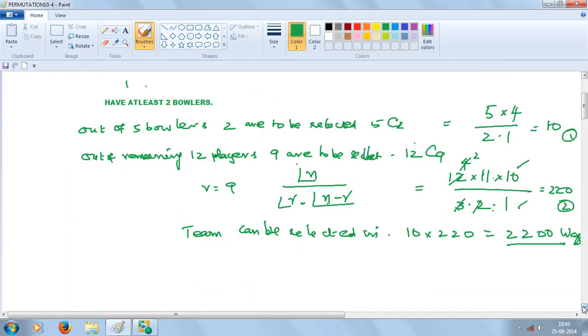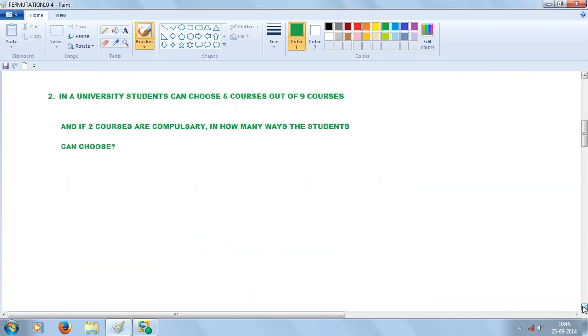So we'll move to the next problem. In a university, students can choose 6 courses out of 9 courses available. If 2 courses are compulsory, in how many ways can the students choose?